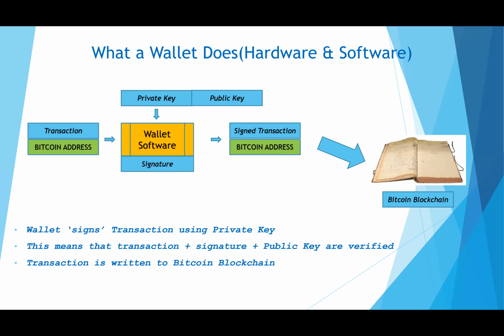And all that data then gets written to the Bitcoin blockchain. So the wallet signs the transaction using a private key, and that means that using the combination of the transaction, signature, and public key, it's all verified as a legitimate transaction, and it's that transaction that's written to the Bitcoin blockchain. The wallet software can either do that directly to the blockchain, or it can go through an interface in some way.